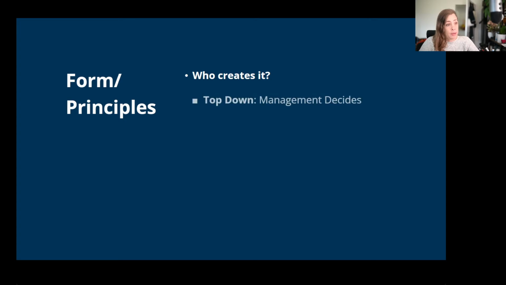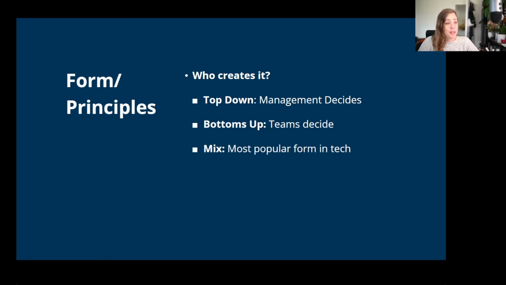So who creates the strategy? There's two ways about it. The first one is it's mostly driven top-down, so that means management decides. If it's bottoms up, then the teams decide, right? So like the people who are operatively working on it. Usually the way that we are seeing it in tech is that we're driving mostly a mix. So a part of it is driven from top down. The management decides, and then the rest is filled in by bottoms up.